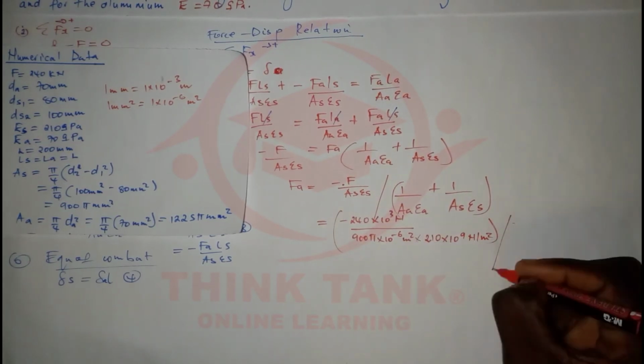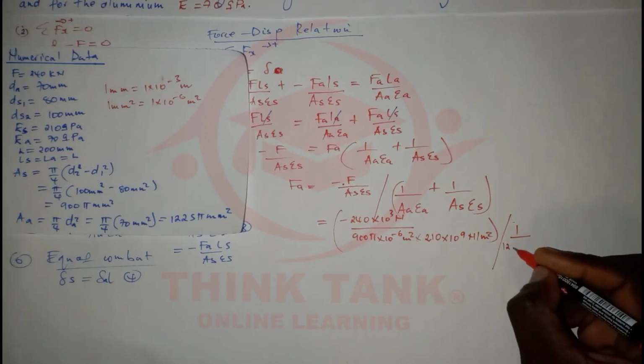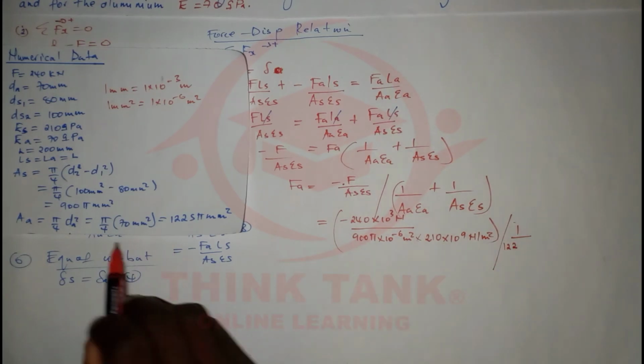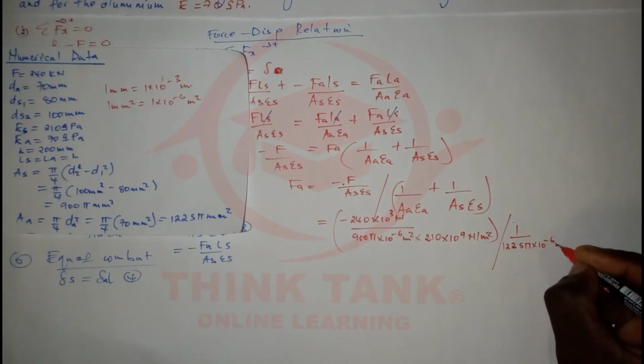We're going to divide that by 1 over the area of the aluminium, which is 1225 pi times 10 to the power negative 6 meters squared.